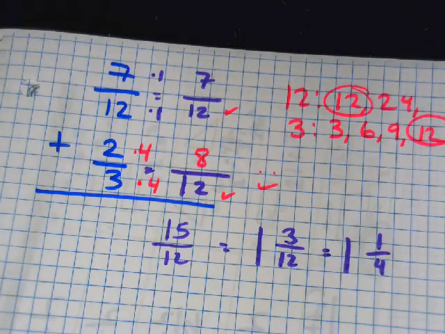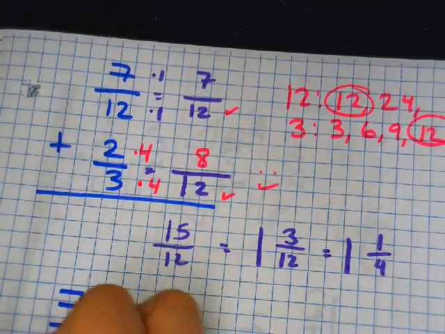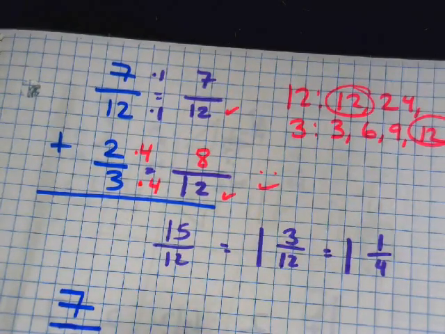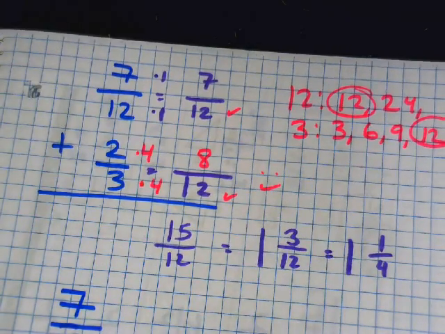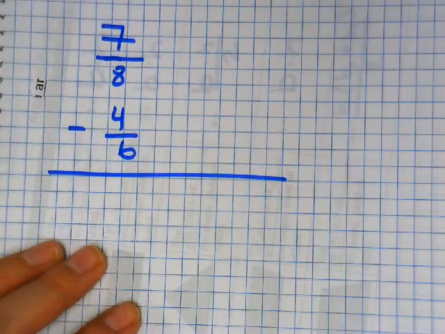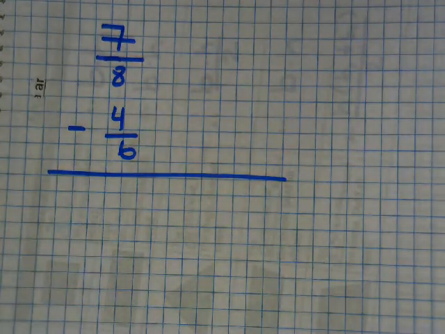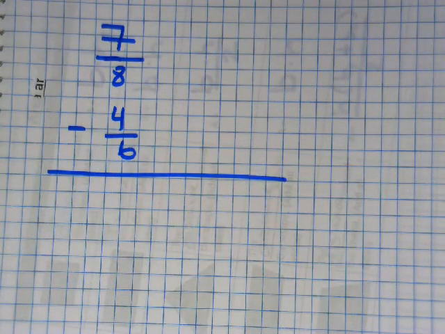All right. Now, what if it's subtraction? 7/8 minus 4/6. Is it still the same process? Yes. So find the common denominator between 8 and 6.